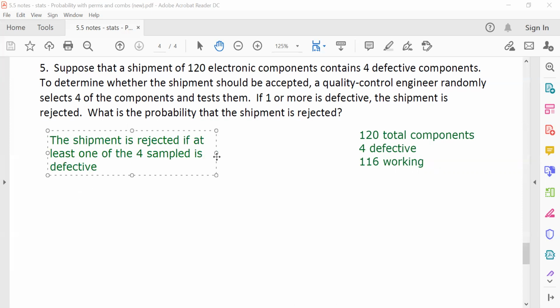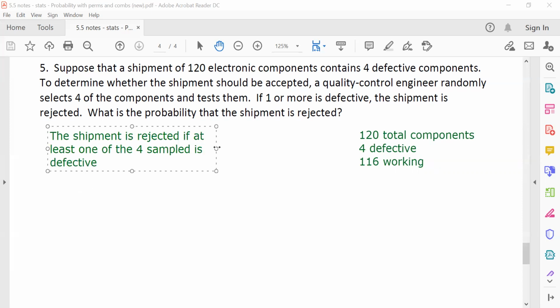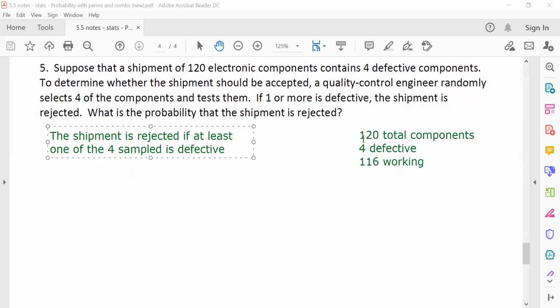So out of 120, the quality control person's just going to randomly pick 4 of them. There's no guarantee they're even going to get a defective in that group. It's totally possible they get all 4 from the working group, but it's possible they do get some defects. Now we want to know the probability that 1 or more is defective.